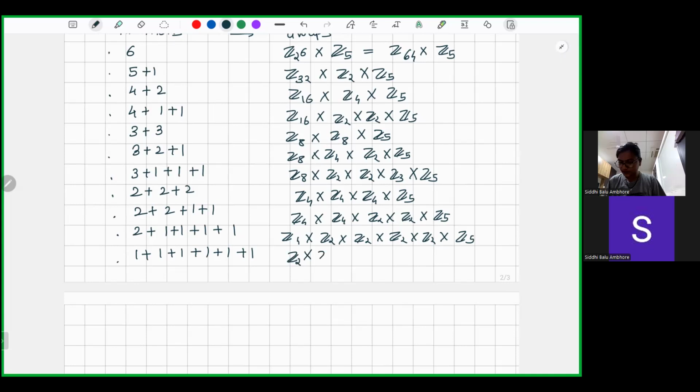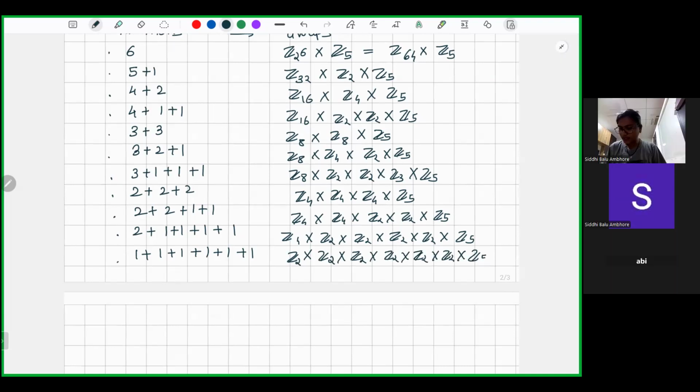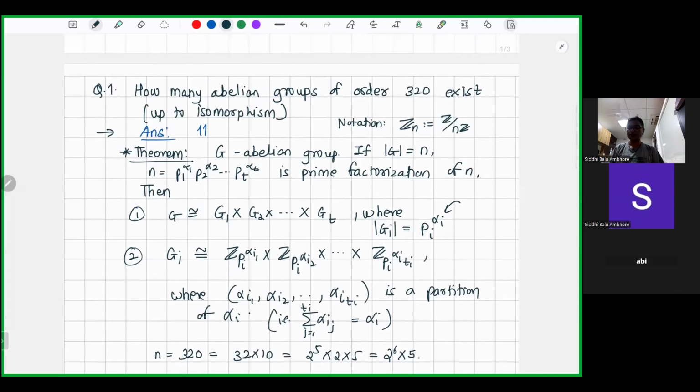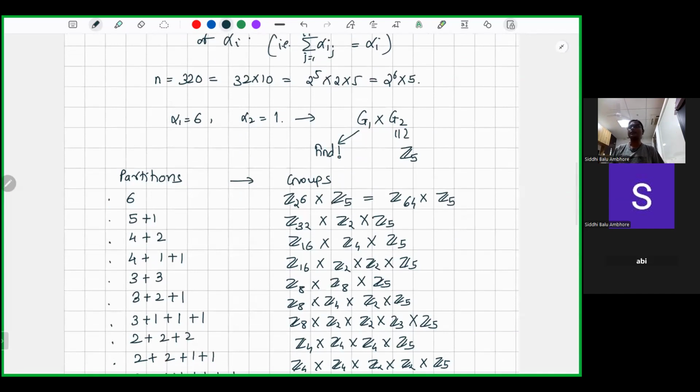Yeah, Z2 cross. And these are the 11. These are the only 11 possibilities for this. So how many abelian groups of order 320 exist? So these are the only possibilities.